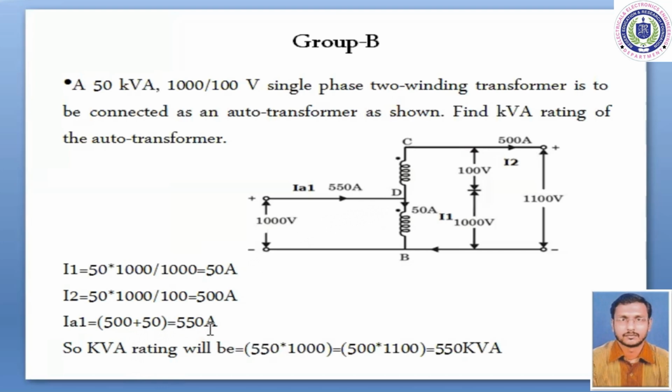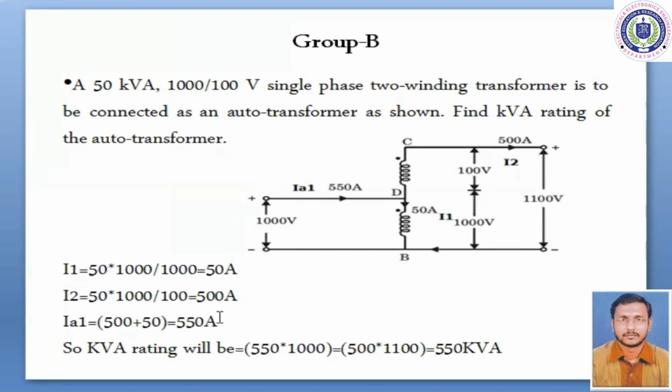That is 550 ampere. And I2 is 500 amps. So what will be the value of IA1? I have already mentioned it in this picture. IA1 is equal to 550 ampere.